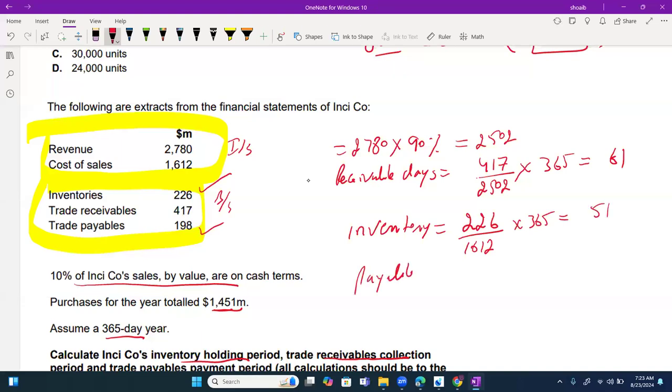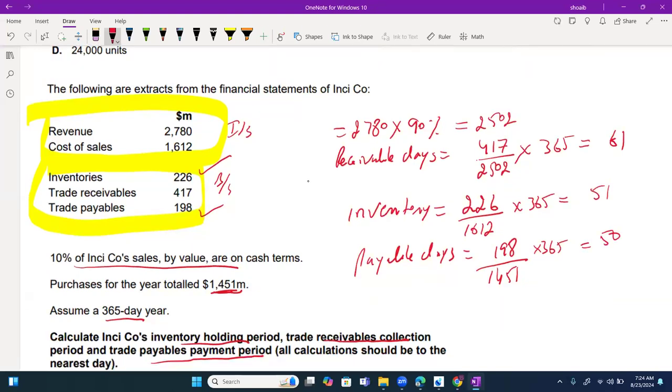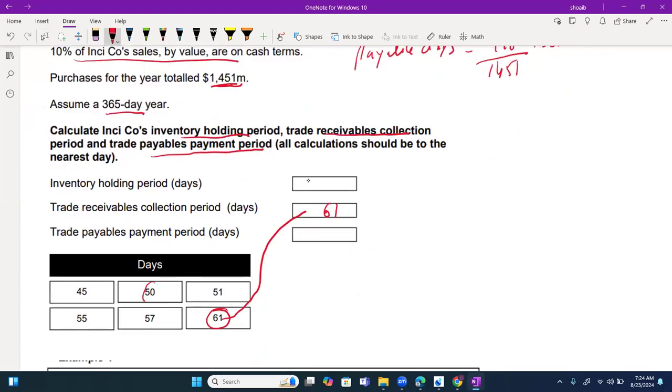And the last is payable days, very simple. Payable is 198, and you will write purchases below, assuming these are all credit purchases. Otherwise, the examiner can state that total purchases are this, 30% are cash and 70% are credit purchases. So in payable, you will only take credit purchases, assuming all are credit purchases. The answer is 15.